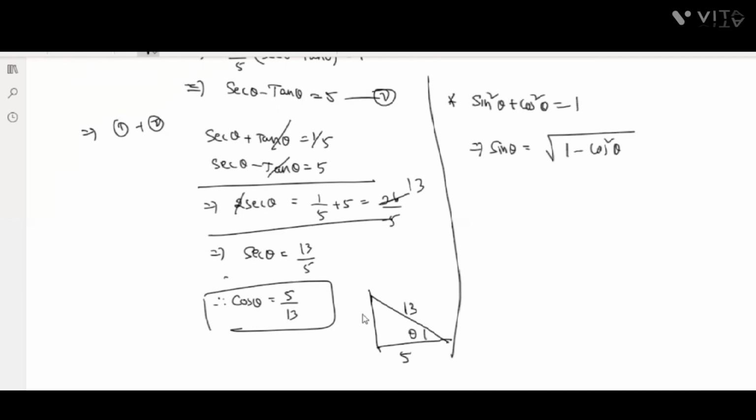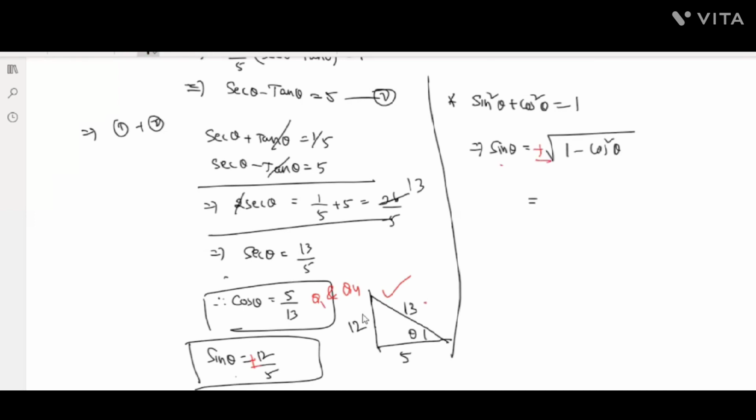According to Pythagoras theorem, we will get this is 12. So directly we get sin theta is equal to plus or minus 12 by 13, because cos is positive in Q1 and Q4. When we take this in Q1, this is plus. When we take it in Q4, this is minus.